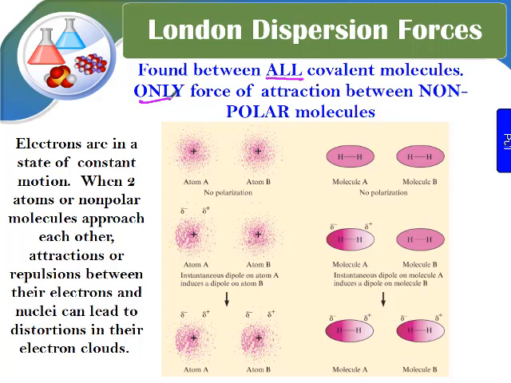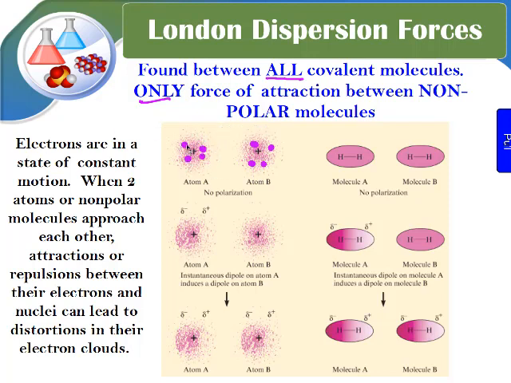The more electrons it has, the higher the chance it has of having one of these momentary dipoles. So let's say that we had 4 electrons over here and 4 electrons in this one. When atom A gets close to atom B, the electrons are constantly moving.